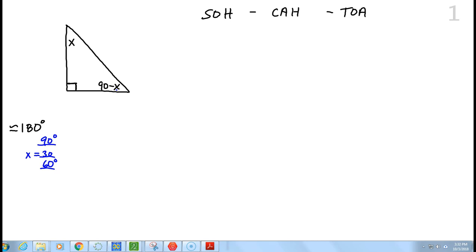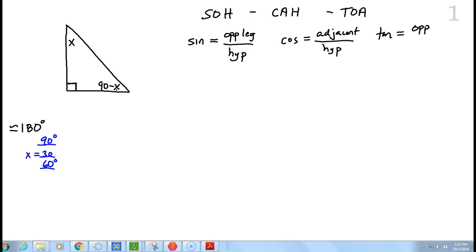All those courses talk about the trigonometry ratios, but it's an acronym that stands for the sine of an angle is the opposite leg over the hypotenuse, and the cosine of an angle is the adjacent leg over hypotenuse, and the tangent is the opposite leg over the adjacent leg.